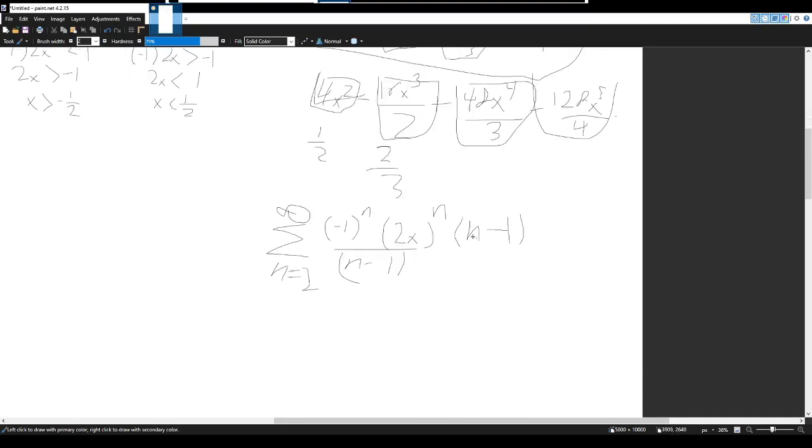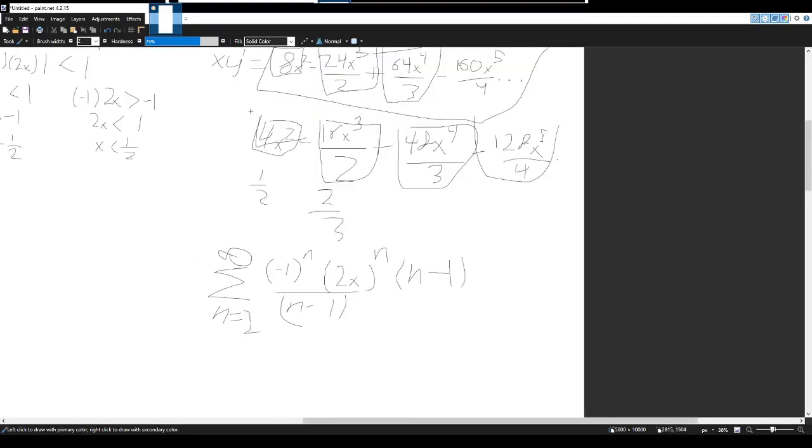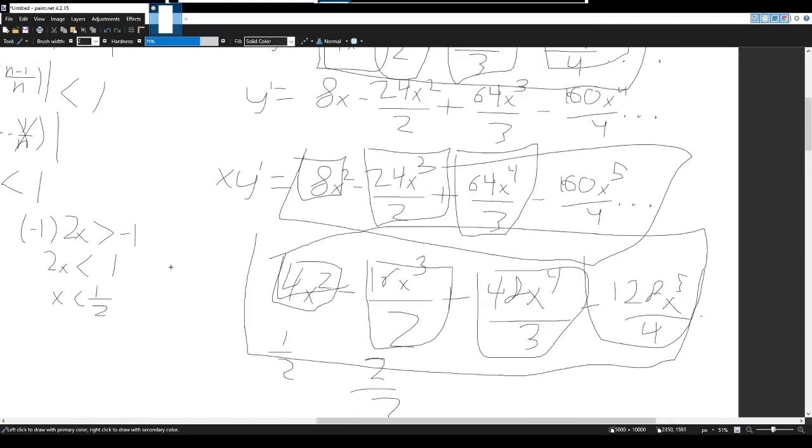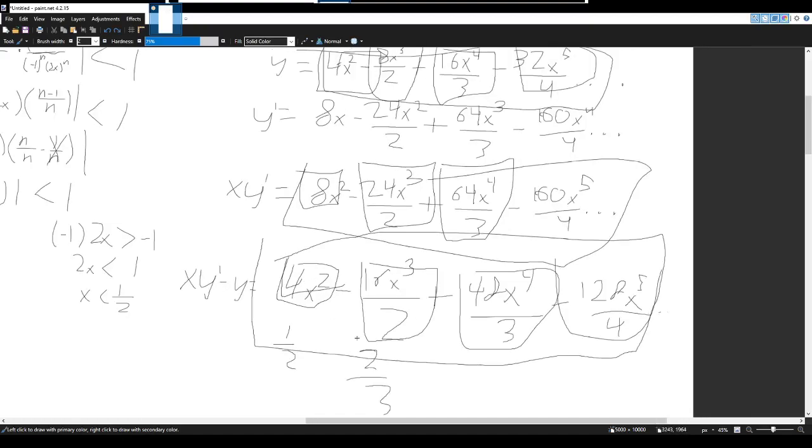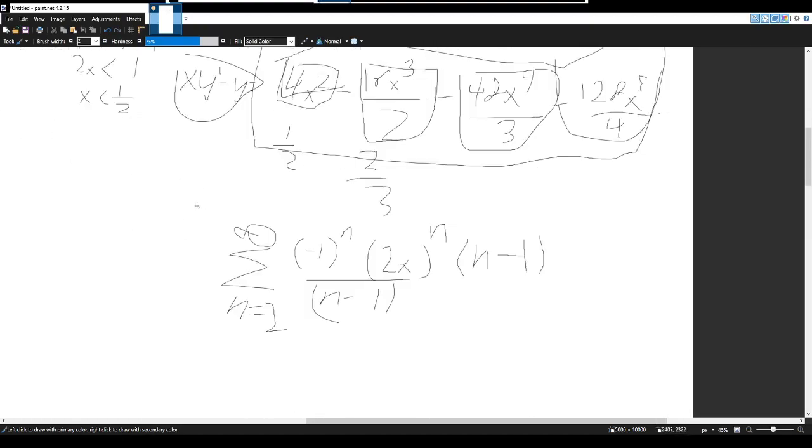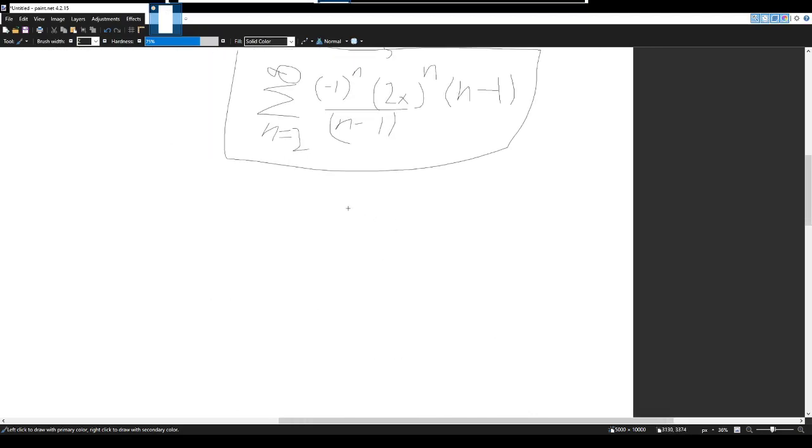So this is what our sum looks like to get us our answer here, because this is xy prime minus y. So it looks like that sum right there is accurate.